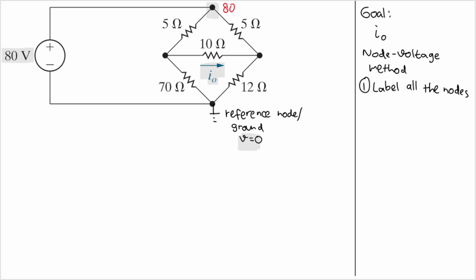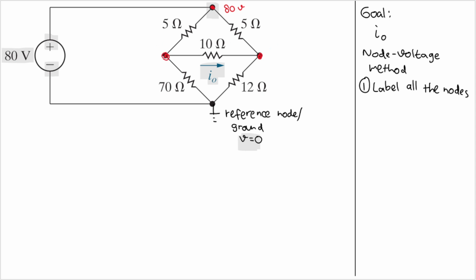The voltage here in this node is 80 volts, because of this voltage source, the difference between the positive terminal and negative terminal has to be this 80 volts. And this node and that node are unknown.